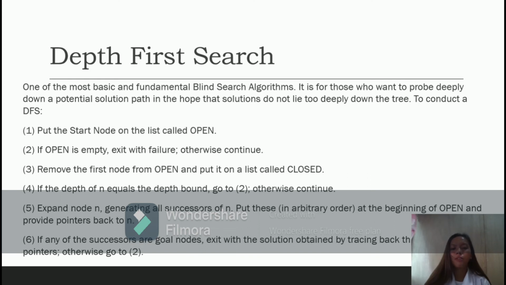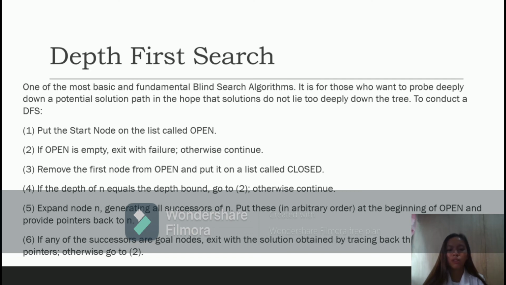To conduct a DFS: 1. Put the start node on the list called open. 2. If open is empty, exit with failure, otherwise continue. Next, remove the first node from open and put it on a list called closed. Call this node n. Next, if the depth of n equals the depth bound, go to number 2.